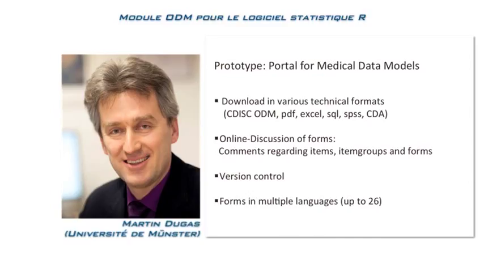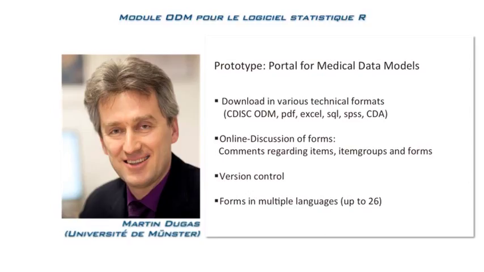In addition to that, it is also a discussion forum for forms. So the idea is when you have a consortium where 20 or 30 different partners need to agree on a certain set of CRFs, the coordinating site posts it and distributes the link to this form set to other colleagues, and then they can comment on the forms online.